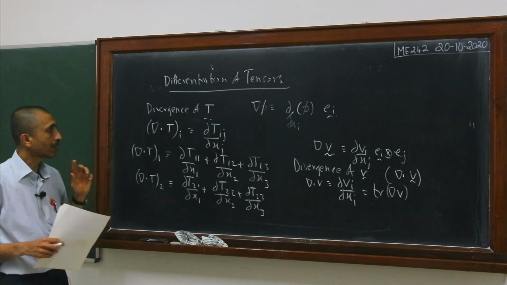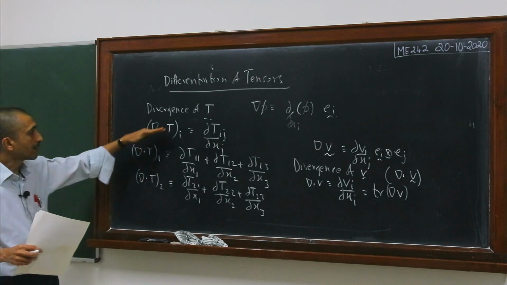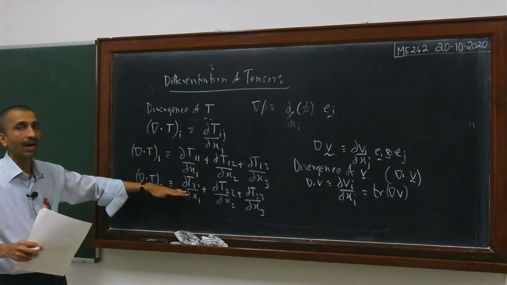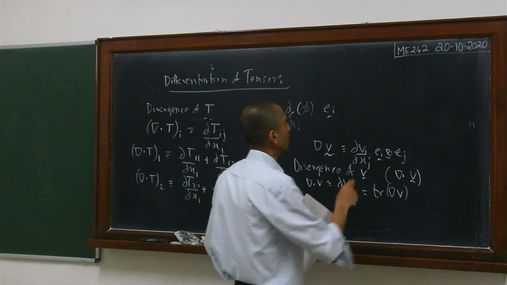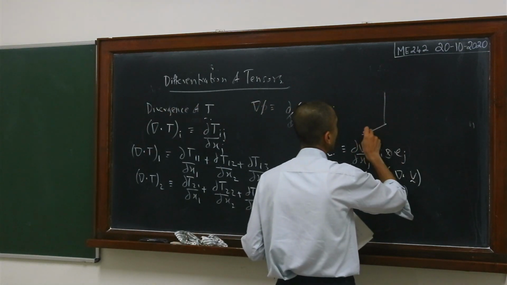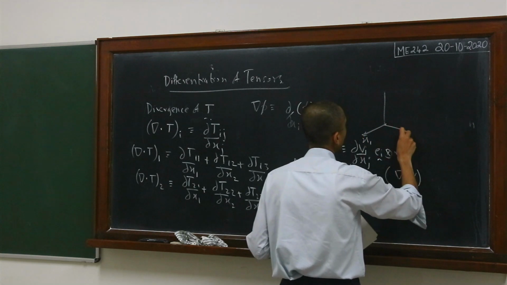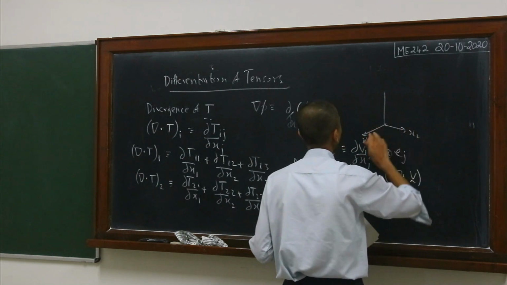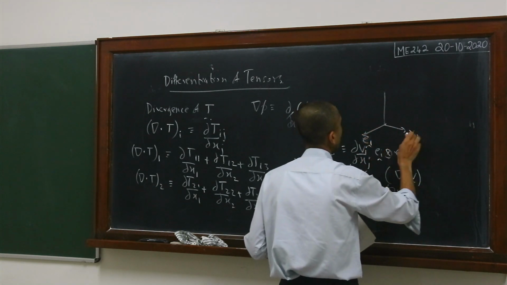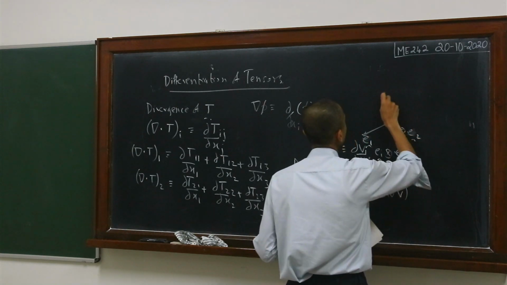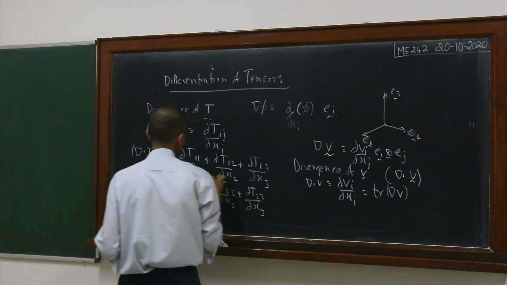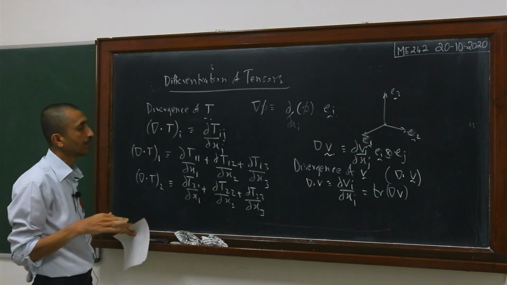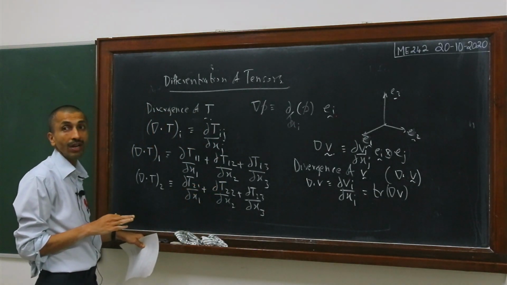One very important thing you have to remember is that all these definitions that I am writing are for a Cartesian coordinate system, that means x1, x2, x3, or E1, E2, and E3. These formulae that I am writing in indicial notation should not be extended to, let us say, a curvilinear coordinate system.